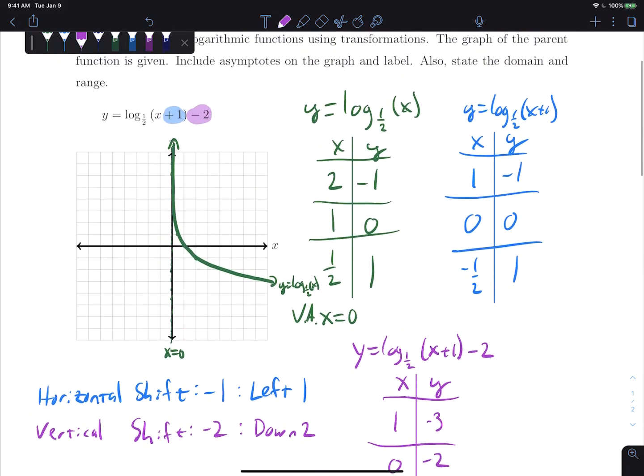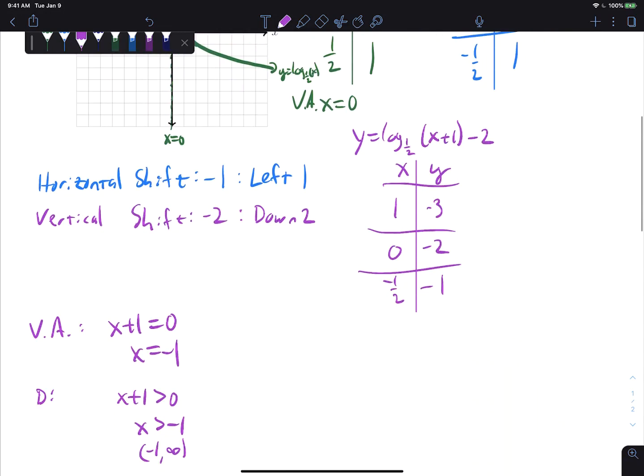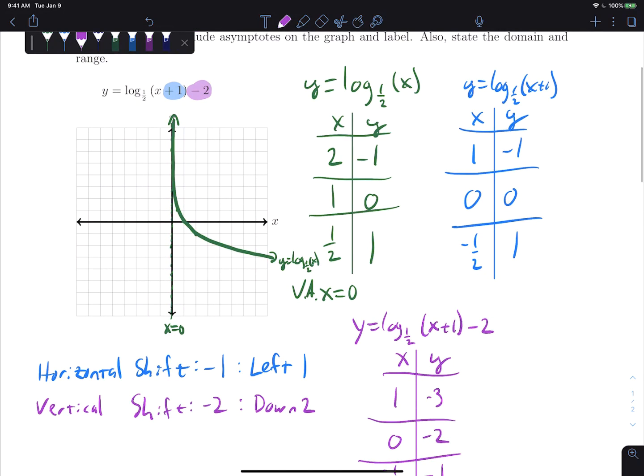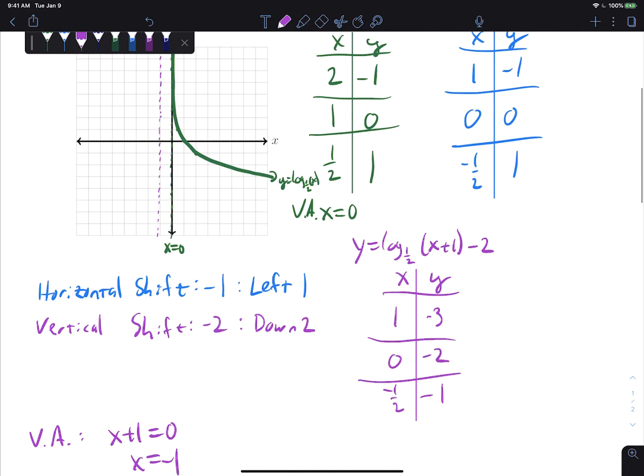Good deal. And let's plot this. First of all, the vertical asymptote of x equals -1. And then the 3 key points. 1, -3. 0, -2, -1/2, -1.